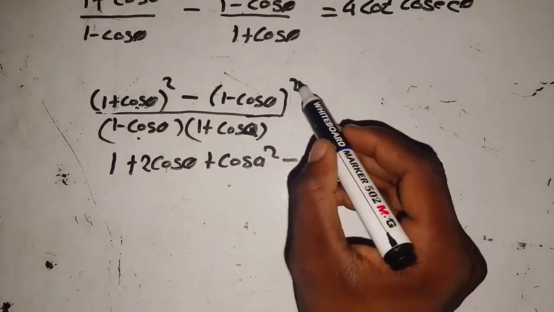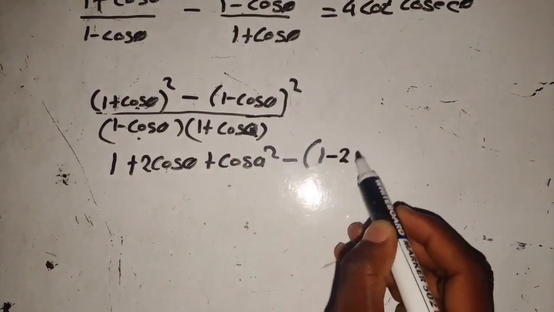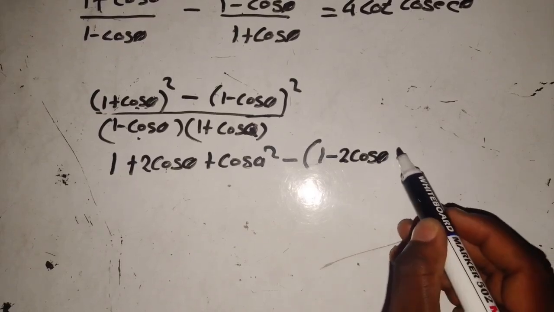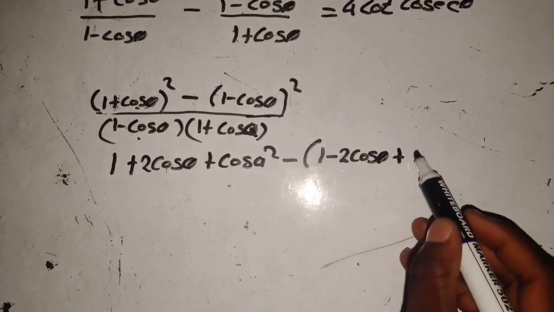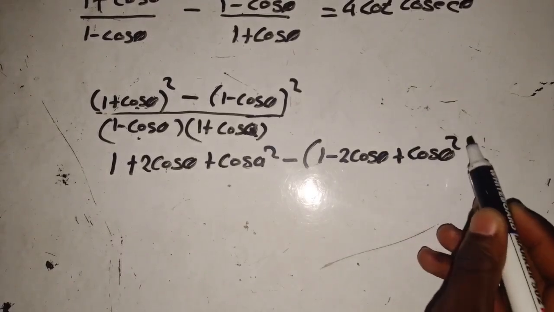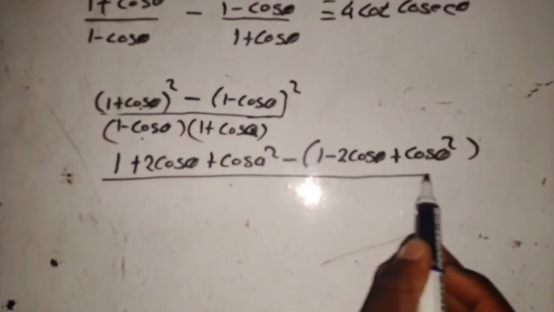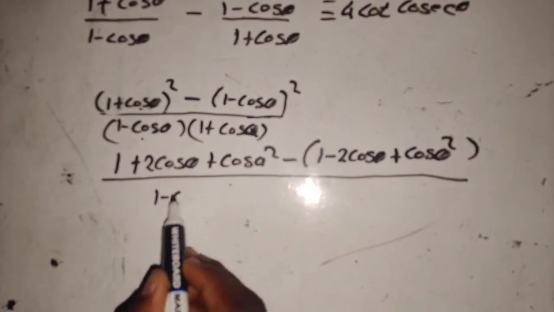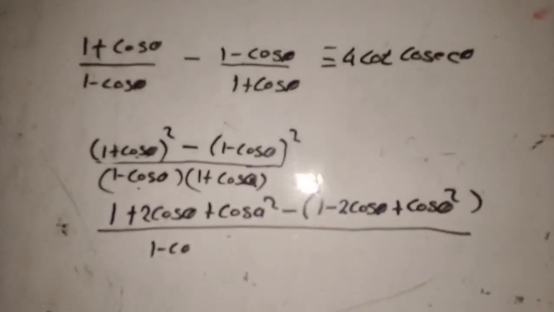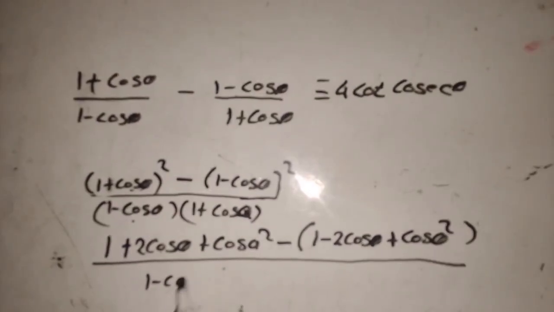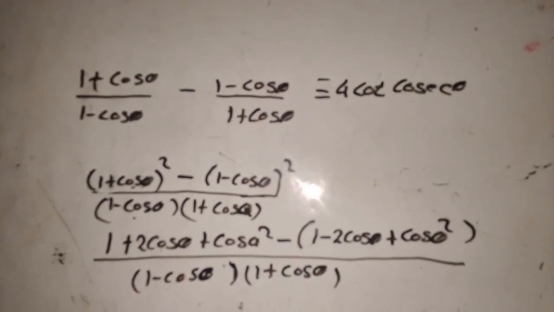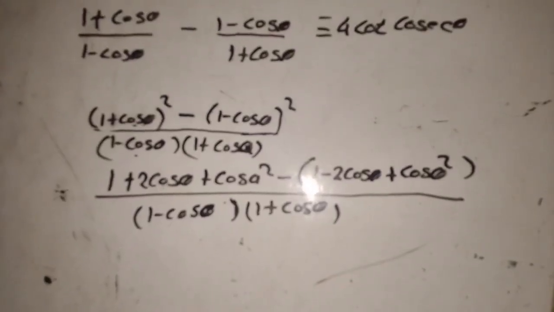Then negative cos theta multiplied by 1 here, so we're going to have negative 2 cos theta, plus negative cos theta times negative cos theta to give you cos theta squared, divided by our common denominator, which is (1 minus cos theta)(1 plus cos theta). This is our denominator. Don't forget you do the denominators. Then here you continue.